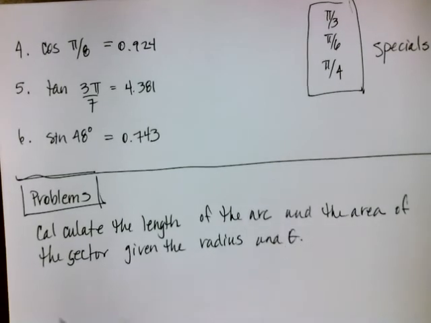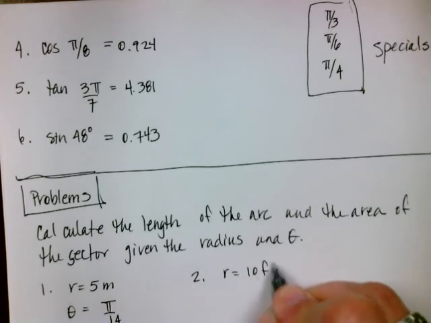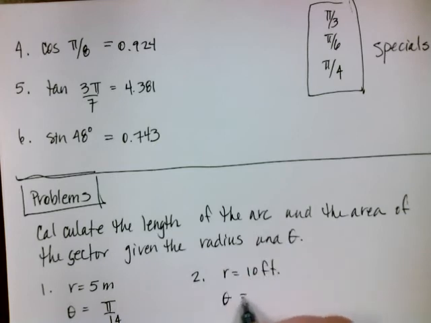Okay? All right, number one, your radius is 5 meters and your theta is pi over 14. Okay? Number two, your radius is 10 feet and your theta is 93 degrees.